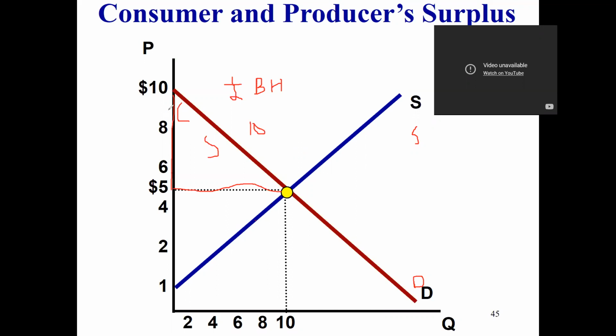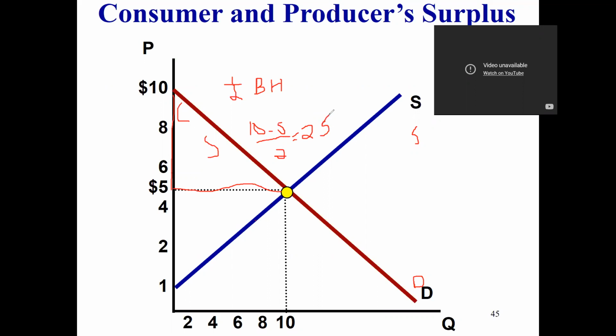The height is 10 minus 5, so that gives me 5. 10 times 5 is 50, but it's 1/2 of that, divided by 2, is 25.